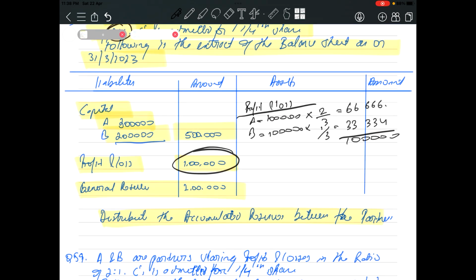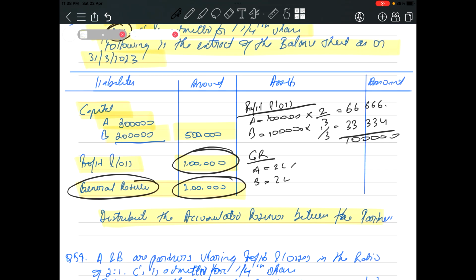Now let's talk about general reserve. This is also a reserve, also a profit kept aside. So general reserve, A and B will get 2 lakhs into 2/3 and 1/3, that is 1,33,333 and 66,667.